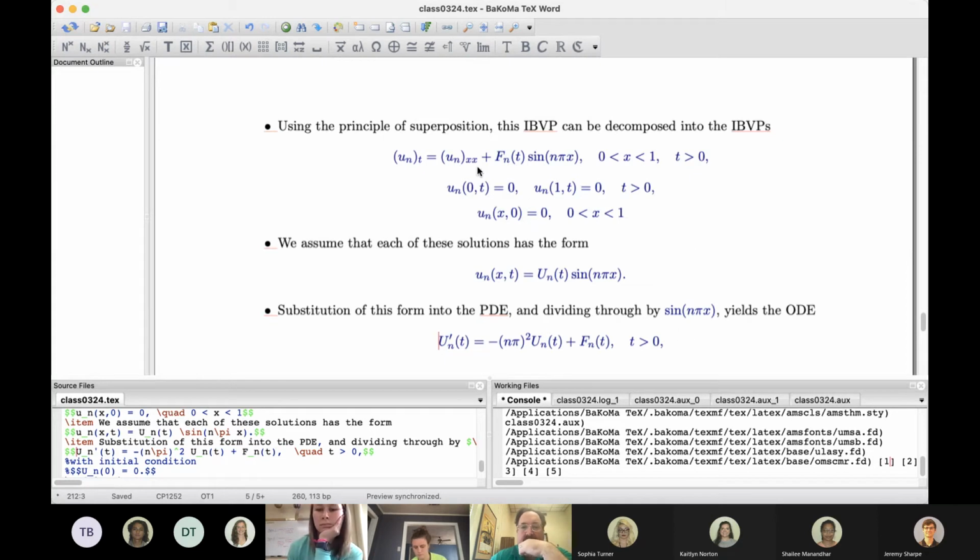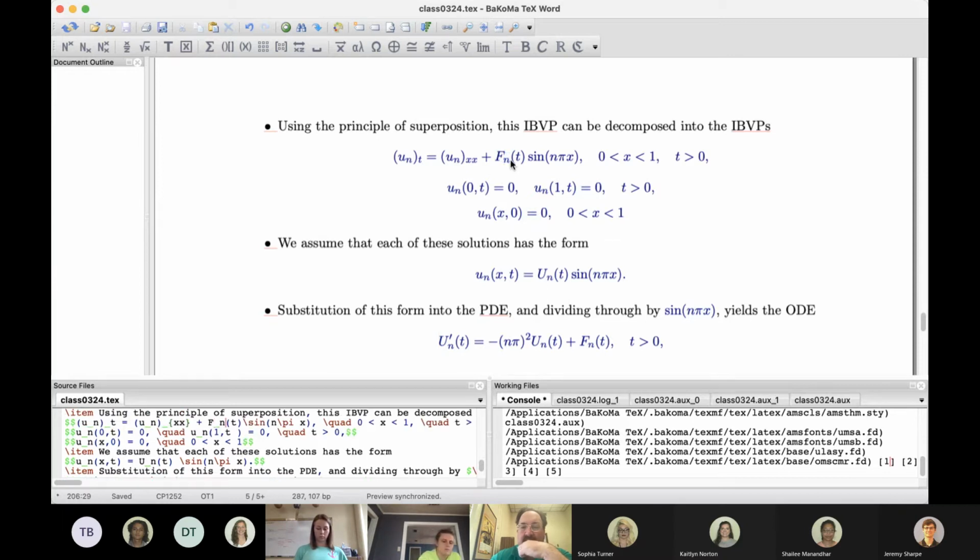Now, the thing is, when you're taking a finite sine transform of this, for your solution, you do have Fourier sine coefficients for all indices. It's just that for every index except this n here, you would have no source term in your ODE, and you'd have 0 initial data, so you'd end up getting just 0.